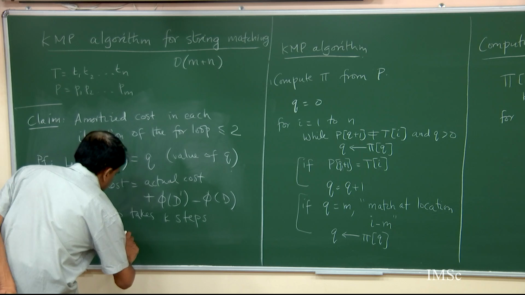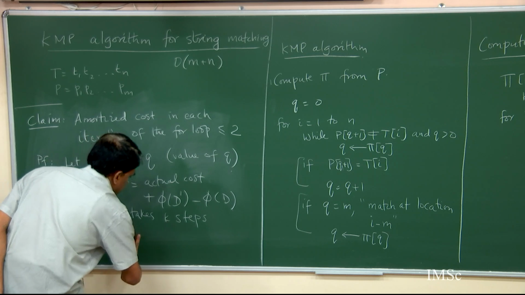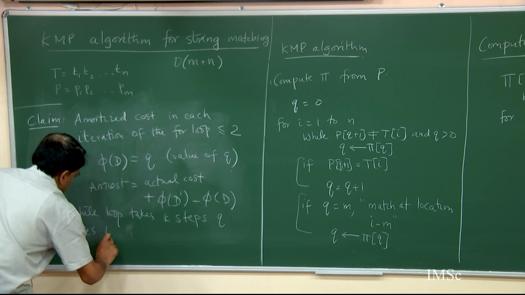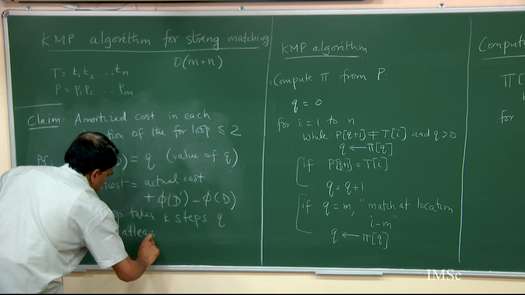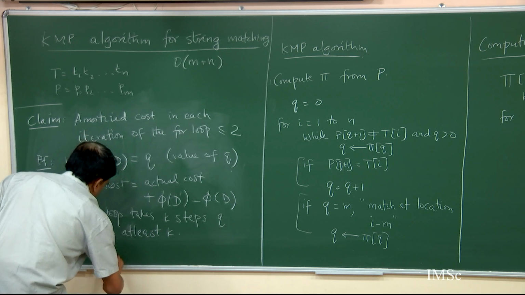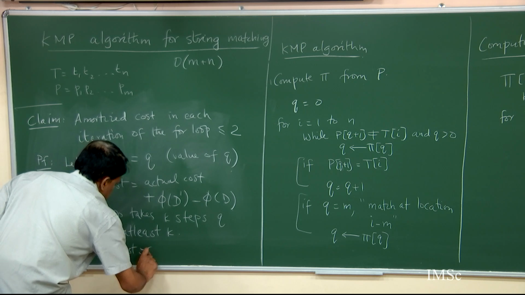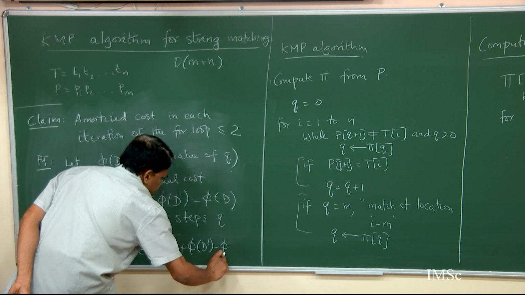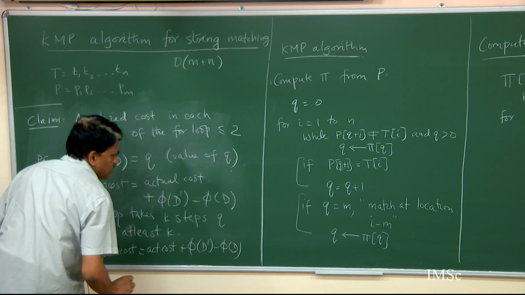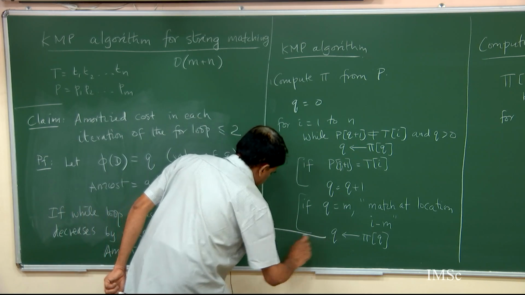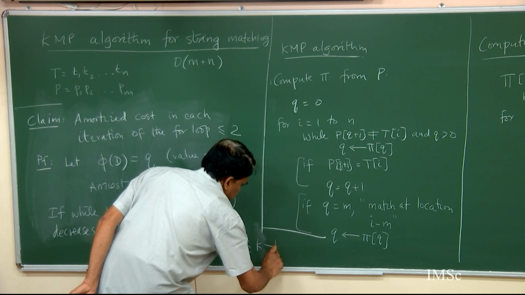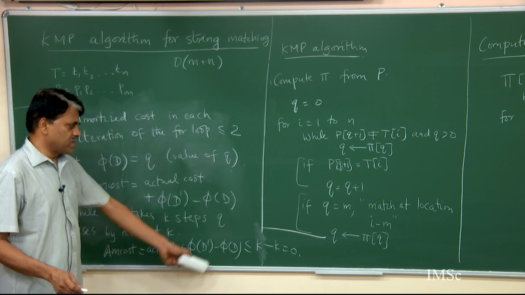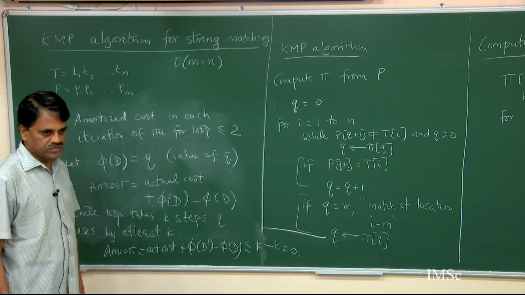So, q decreases, so amortized cost, which is equal to actual cost plus the potential difference, is less than or equal to k minus k, which is equal to 0. Because actual cost is k, but the potential decreases by at least k. So, it is less than or equal to 0.